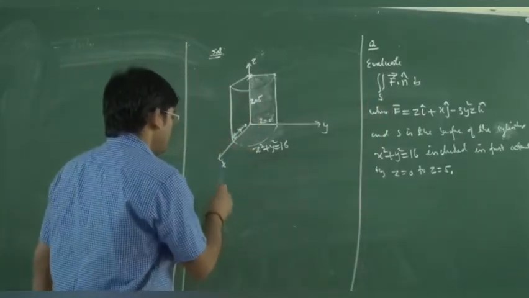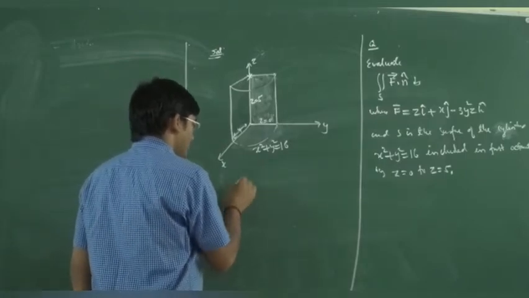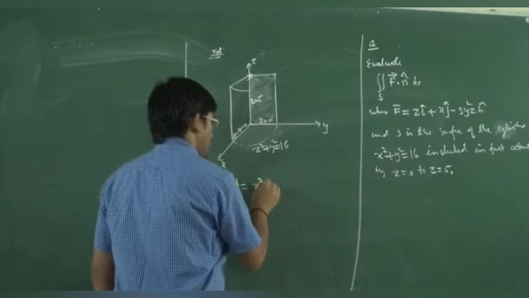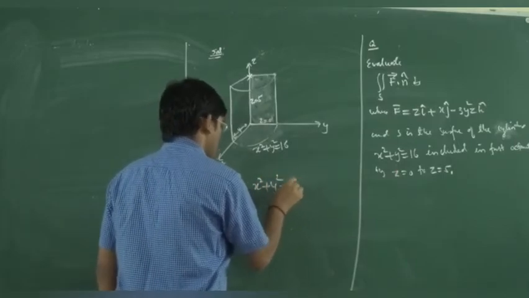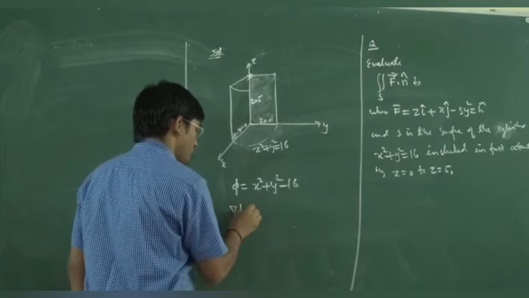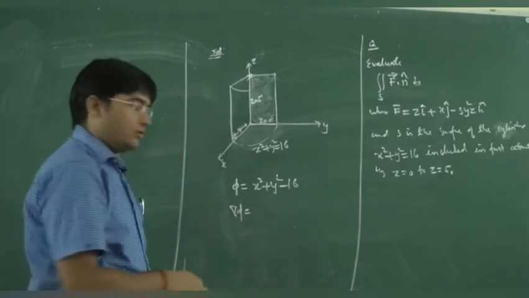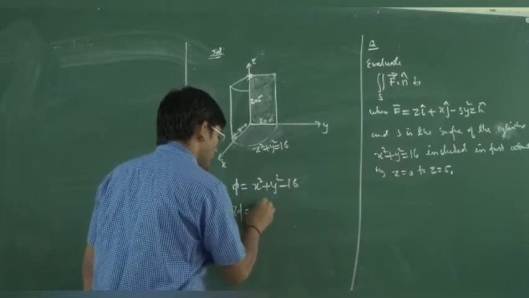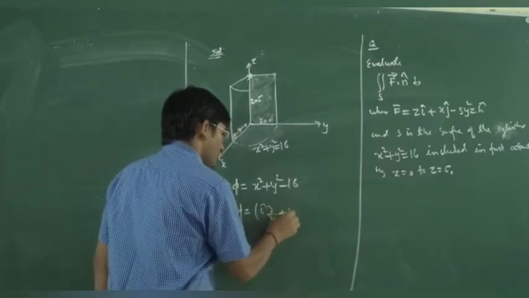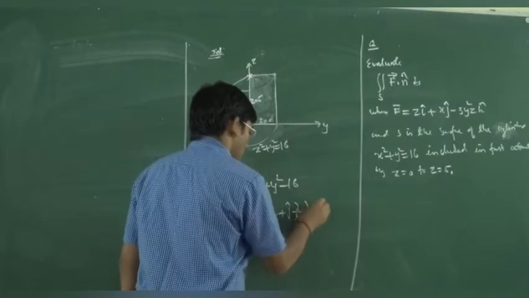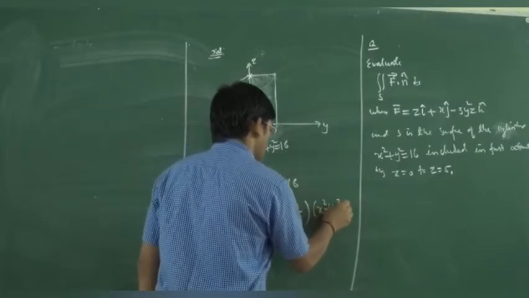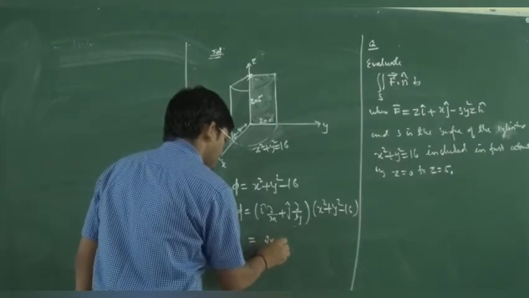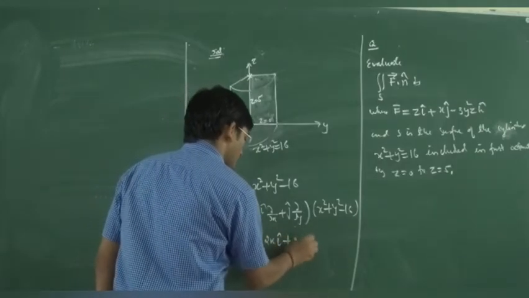Your scalar point function phi will be equal to x squared plus y squared minus 16. So your grad phi, the differentiation of this function with respect to x and y, is i del upon del x plus j del upon del y of x squared plus y squared minus 16. So this is equal to 2xi plus 2yj.